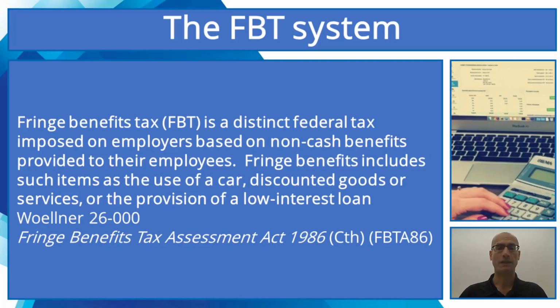Before the FBT regime came in, it was quite difficult for the federal government to capture situations where employers, instead of paying more salary, would go through and give some form of remuneration, again, use of the car or some sort of discounted loans or some other system in order to remunerate them in lieu of salary.